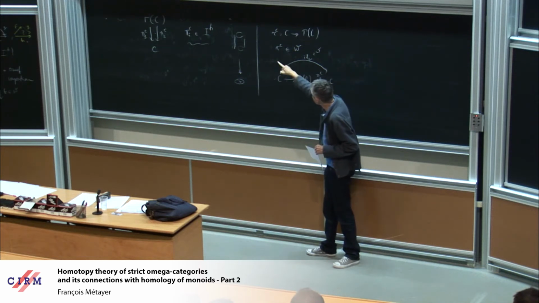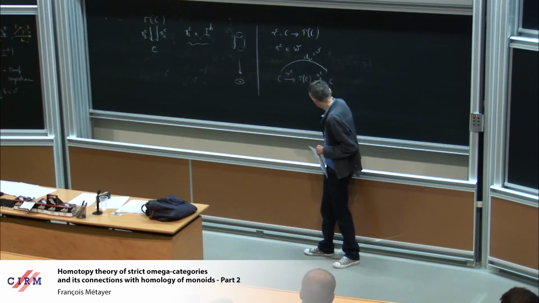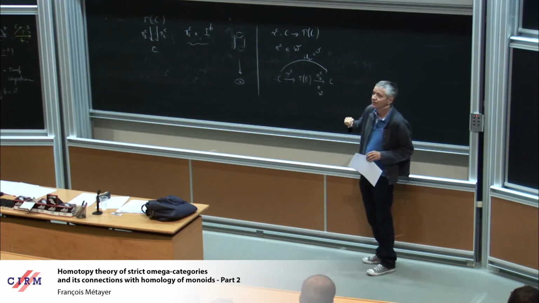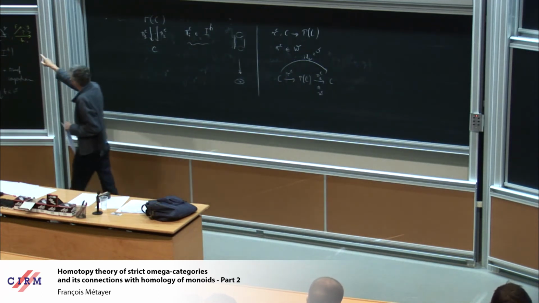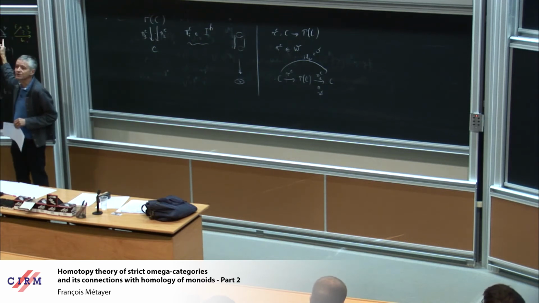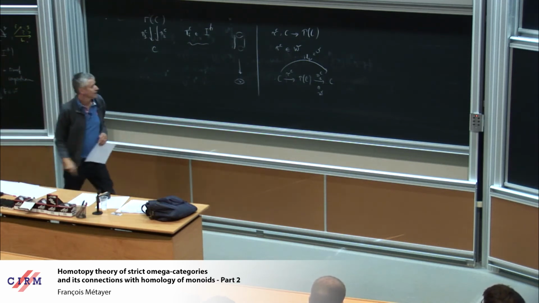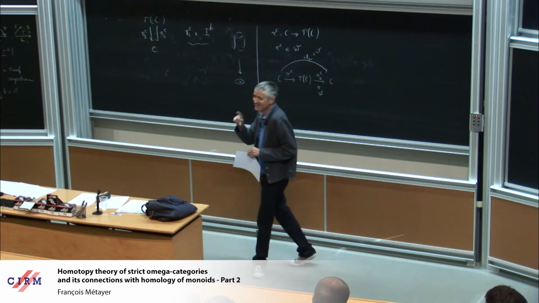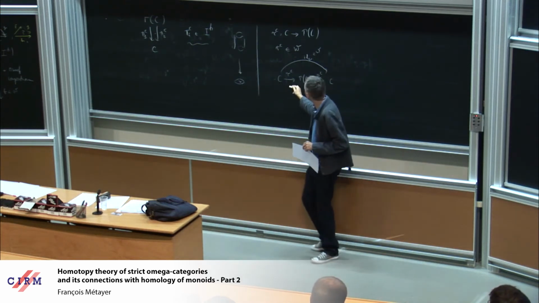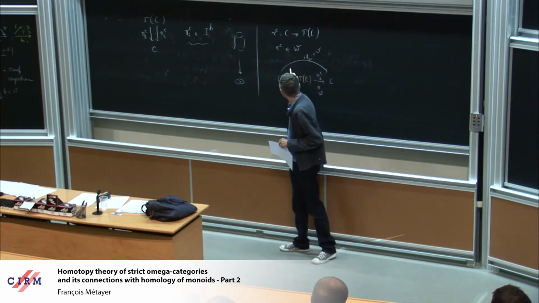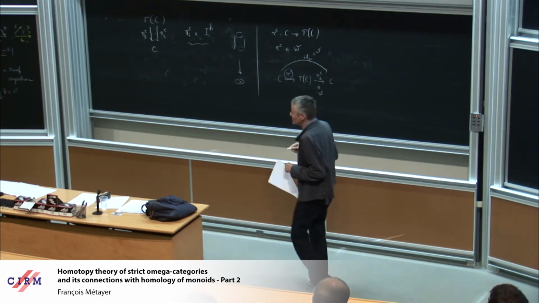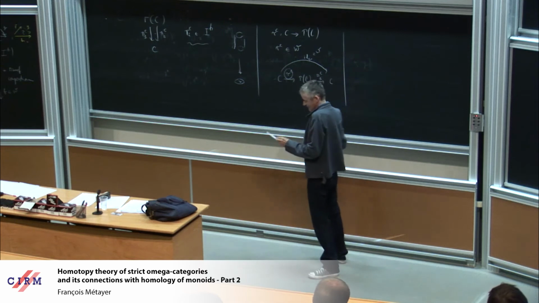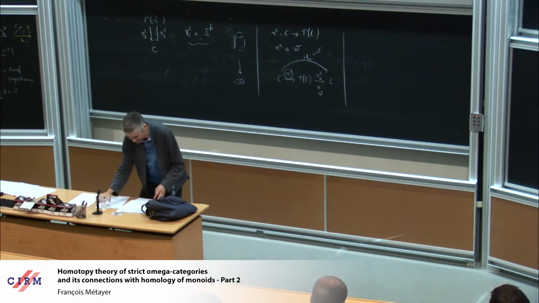This is a trivial fibration, then also a weak equivalence. And this is a case of 3 for 2 that we already checked yesterday. So you have to be careful. Tau C here is in W.